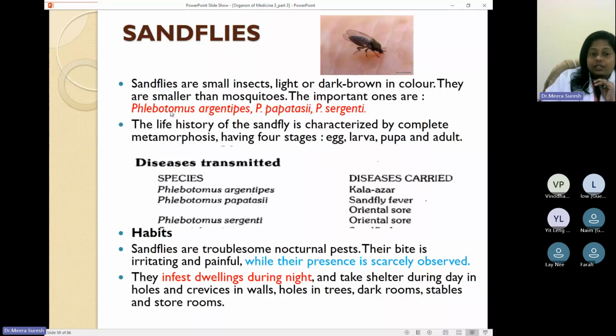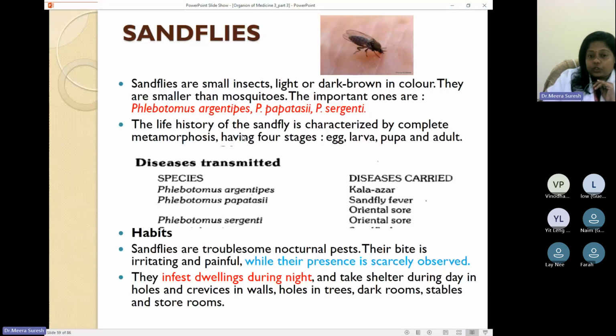Sometimes in the MCQ, the name may be changed, like the disease that is caused by the Phlebotomus variety. It can be asked like that. So you should know that the scientific name of the sandflies is Phlebotomus. You don't have to remember the three specific species.